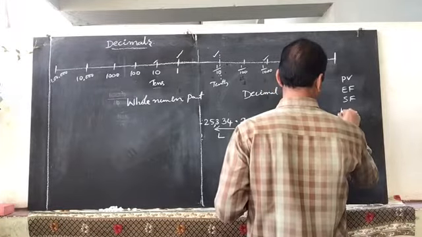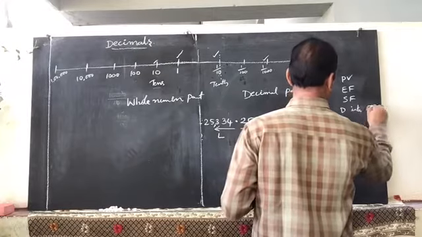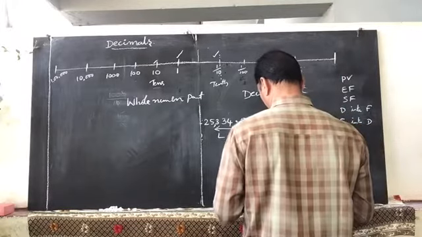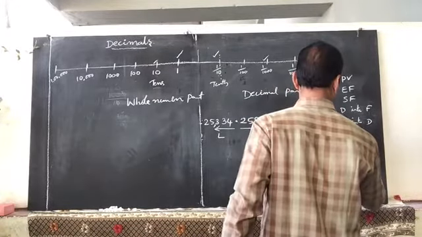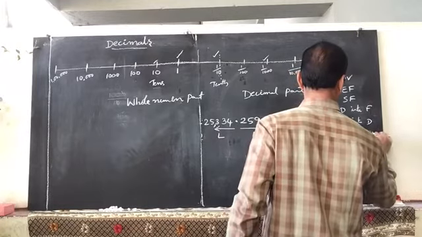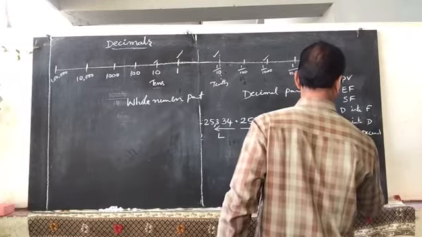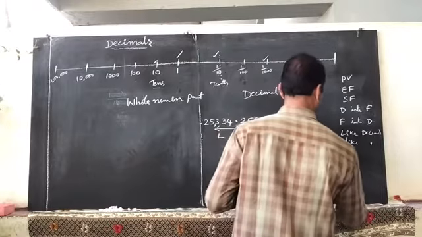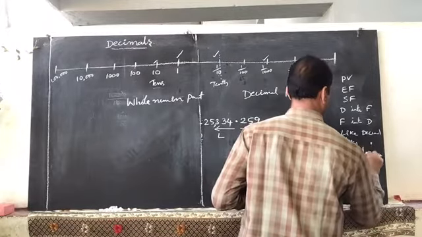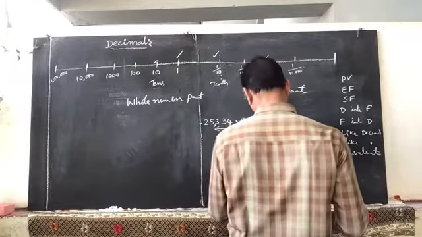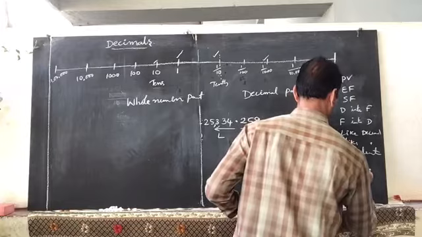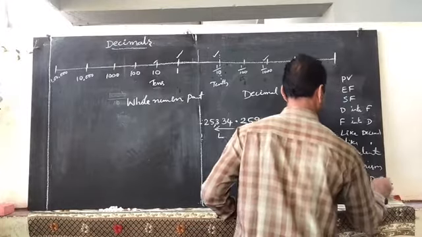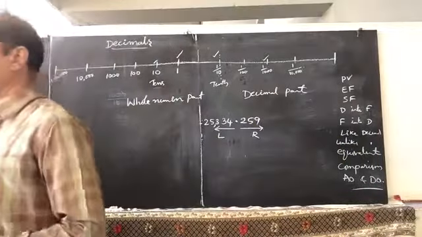Conversion of decimal into fraction and conversion of fraction into decimal, then like decimals and unlike decimals, equivalent decimals, then comparison of decimals, and ascending order and descending order of decimals. So this we can learn in these decimal classes.